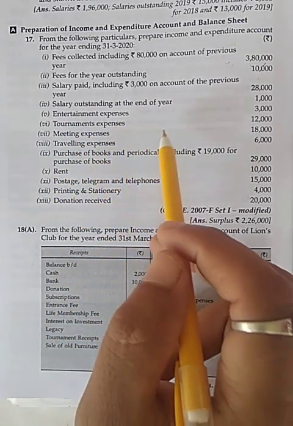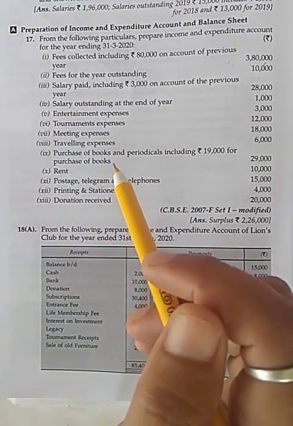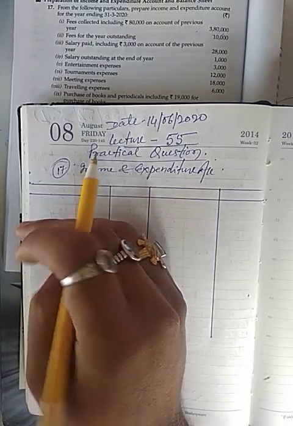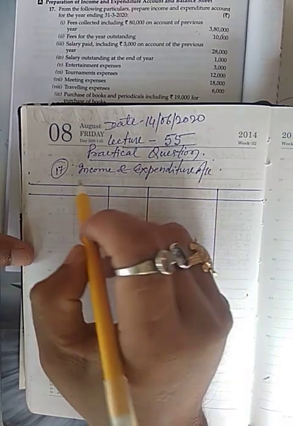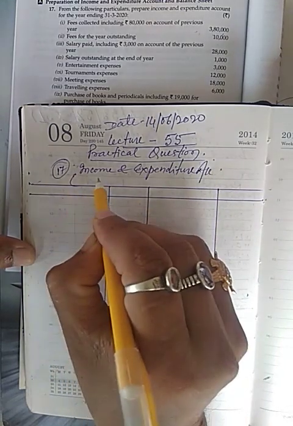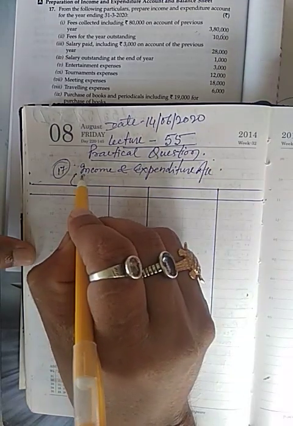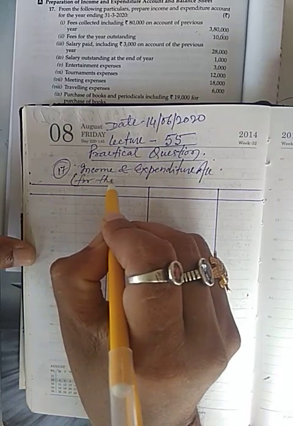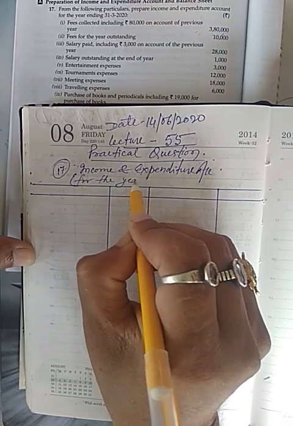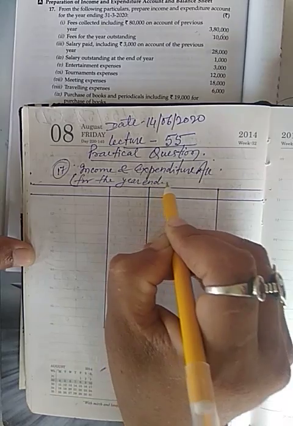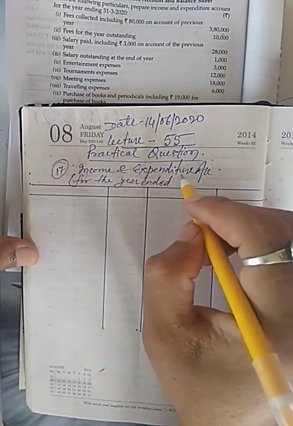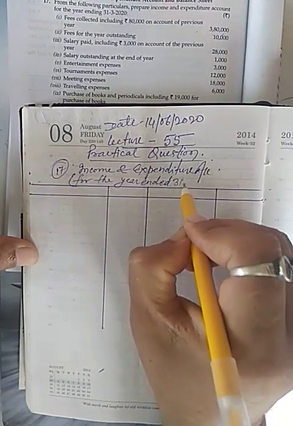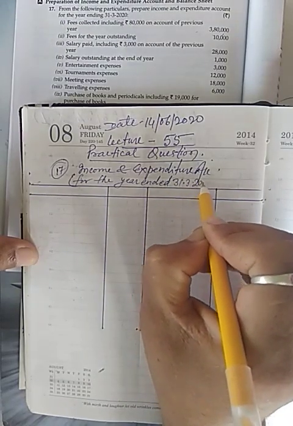So let us see the format first. This is the format of income and expenditure account for the year ended 31st March 2020.